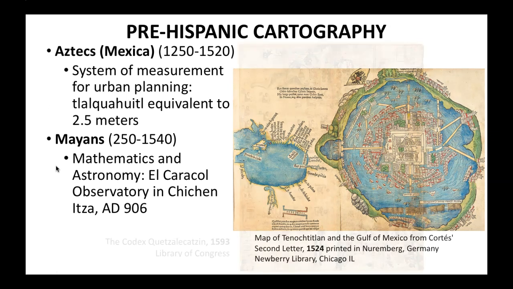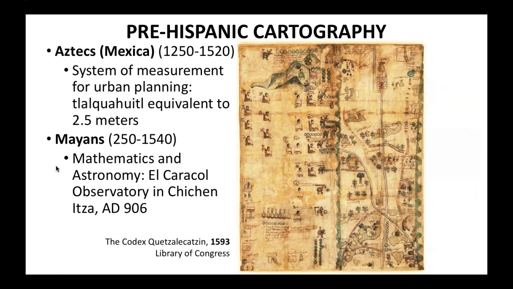So this is another example of a Mexica Aztec codex. The codexes were written on hide, for example, or also papyrus. The Codex Quetzalcoatlin is in the Library of Congress, and it is from 1593. So these are some of the earliest maps that we have of the period. They are not necessarily pre-Hispanic, but they still bear the influence of Aztec cartography.